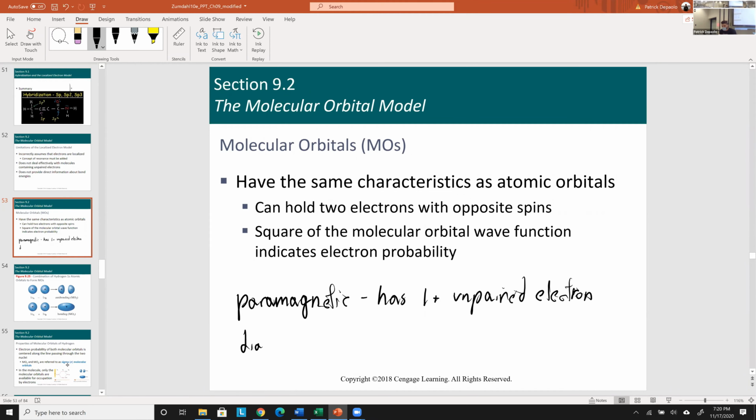And then diamagnetic is all electrons paired. Okay. So we can figure this out. We can also figure out if a bond will actually occur in real life based on the bond order. So we'll learn about that too.